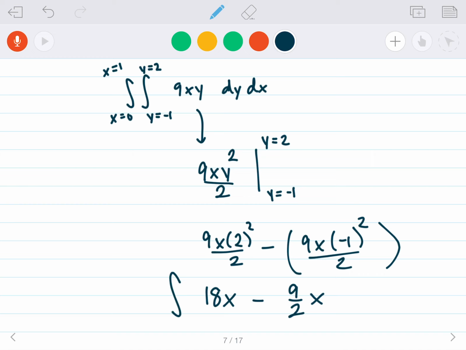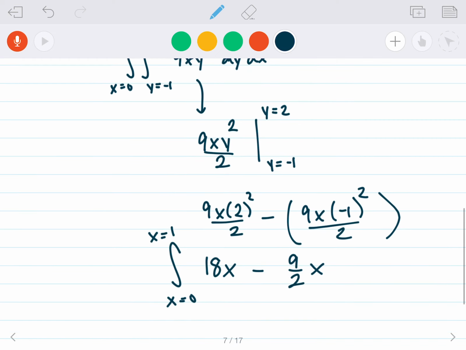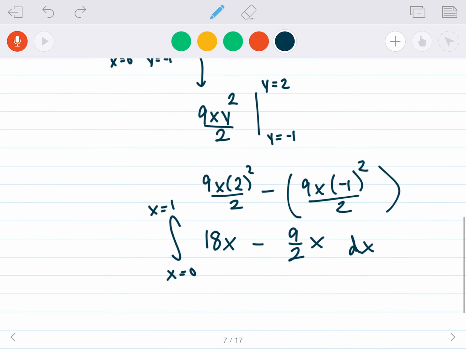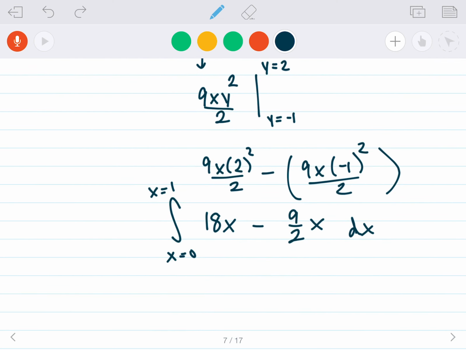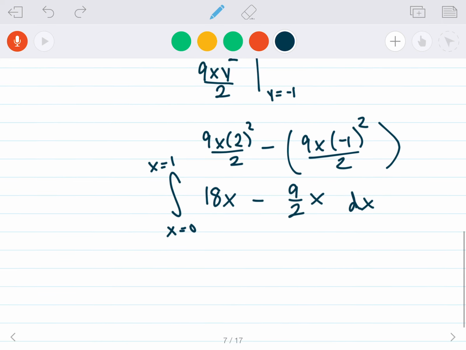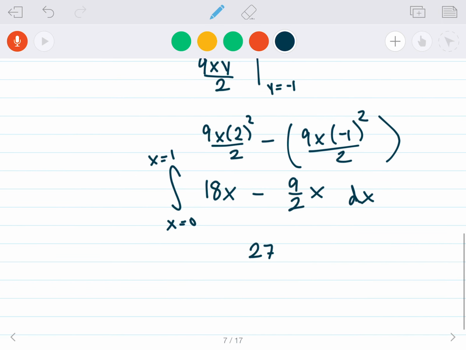Okay, so then we're going from x equals 0 to x equals 1 dx. And I can combine these like terms if I want, because 18 is 36 over 2. So 36 minus 9 is just going to be 27 halves. So this is 27 halves x dx from x equals 0 to x equals 1.